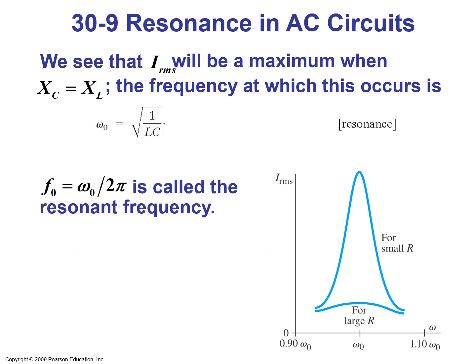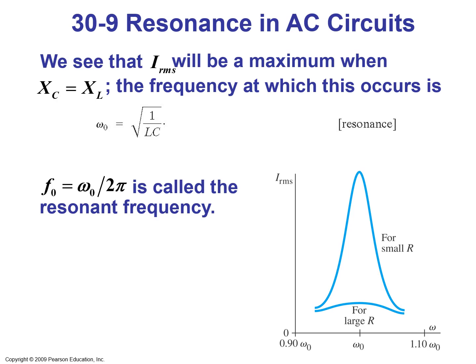We see that IRMS will be a maximum when the reactance of the capacitor is equal to the reactance of the inductor, and the frequency at which this occurs is omega naught equals 1 over the square root of L times C. F naught, equal to omega naught over 2 pi, is called the resonance frequency.